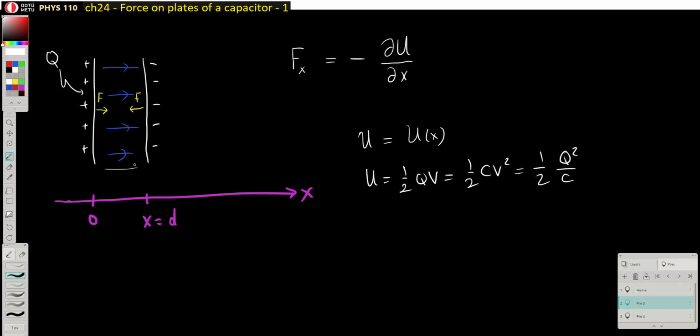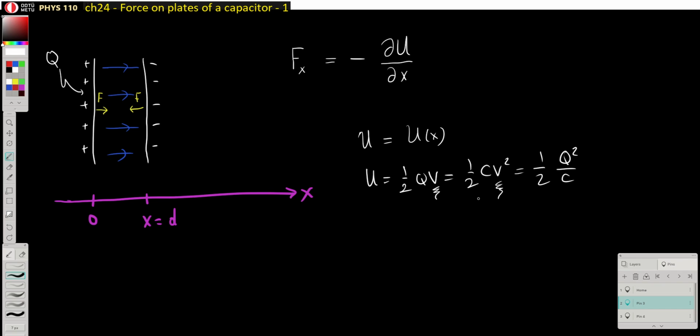In that case, I need to make sure which variables do not change and which ones change. So that's important in here. Since Q is well defined, it's given in the problem, Q is fixed in here. As I move these plates away from each other, that charge doesn't change, but the potential difference changes, so therefore this V changes with x.